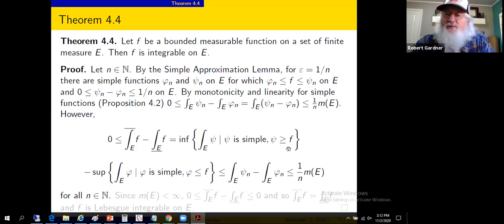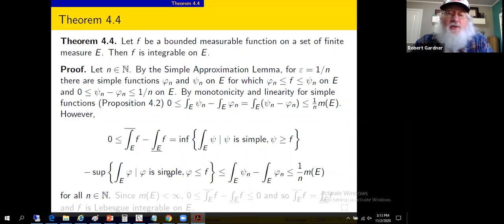Psi sub n really is greater than or equal to f, right? Yeah, there it is. Psi sub n is greater than or equal to f. So I picked a particular element of that. This is an inf. We'll get something bigger, and there's the greater than or equal to on that. How about I choose a phi sub n? One of these. So it's a number in this set effectively. We got phi sub n less than or equal to f. There it is right there.